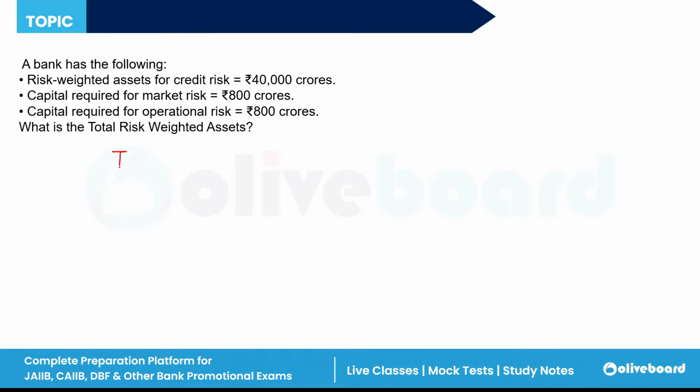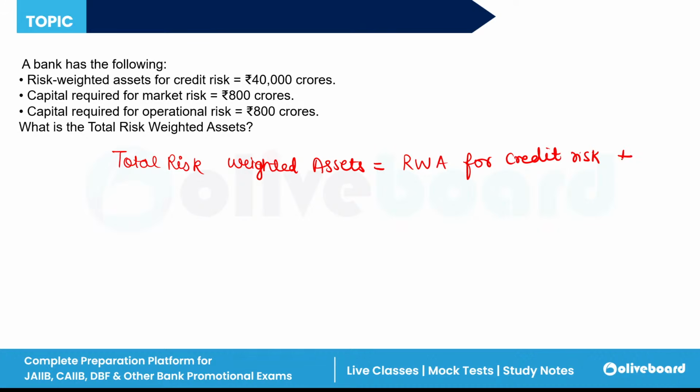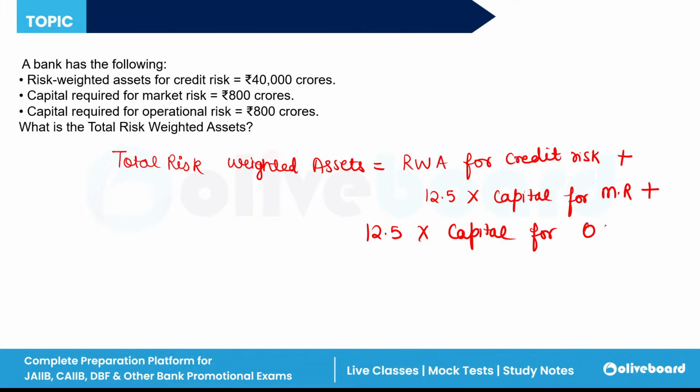See, total risk weighted assets equal risk weighted assets for credit risk plus 12.5 multiplied by capital for market risk plus 12.5 multiplied by capital for operational risk.